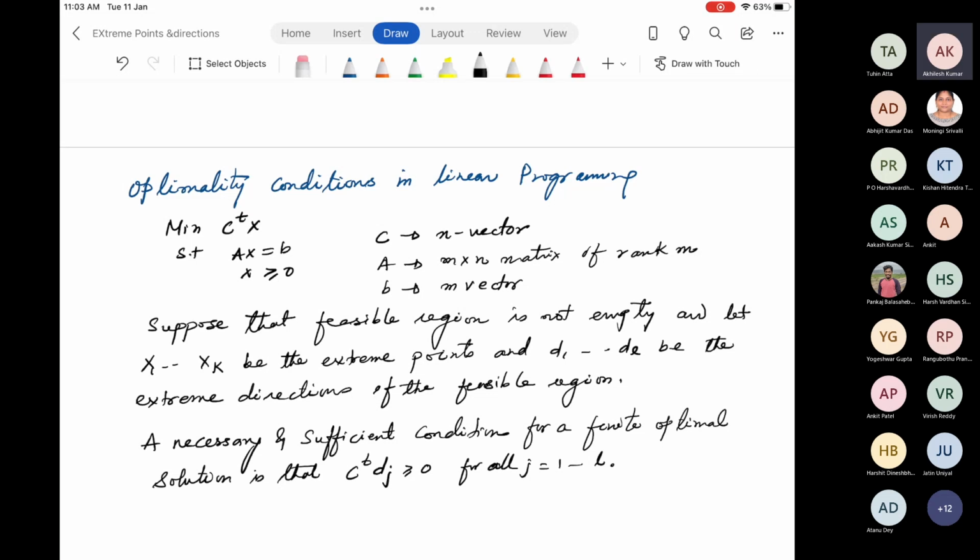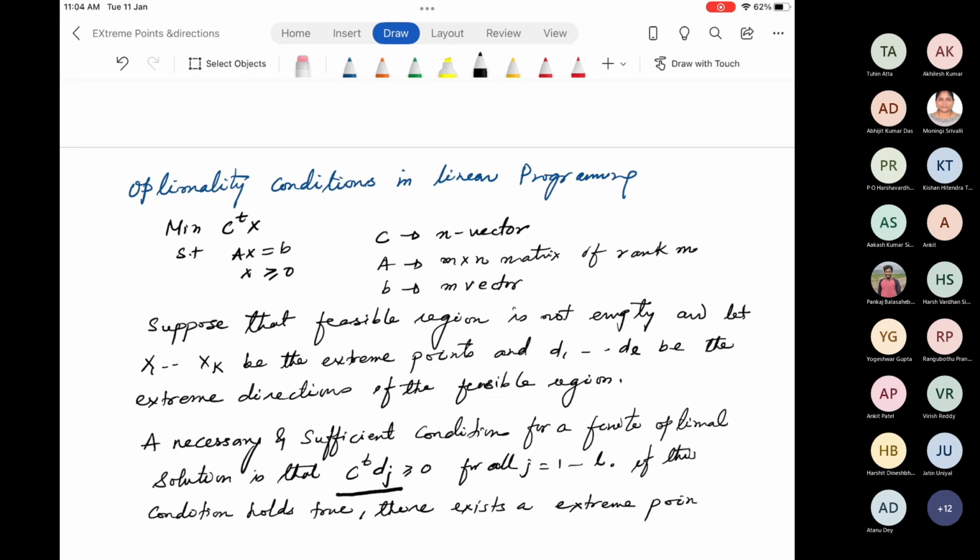So this quantity, the direction vector multiplied with the cost vector, should be greater than or equal to 0. And if this condition holds true, there exists an extreme point xi that solves the problem.